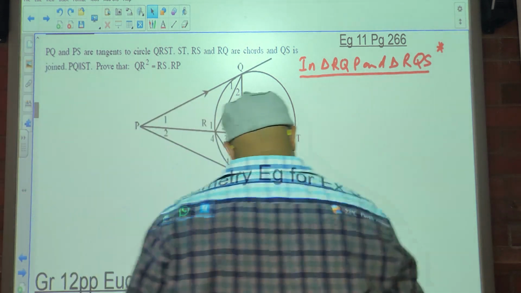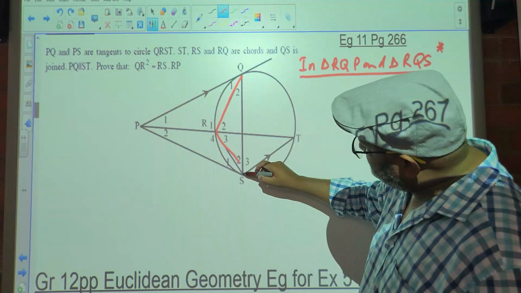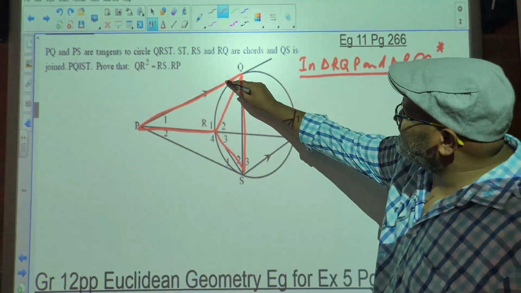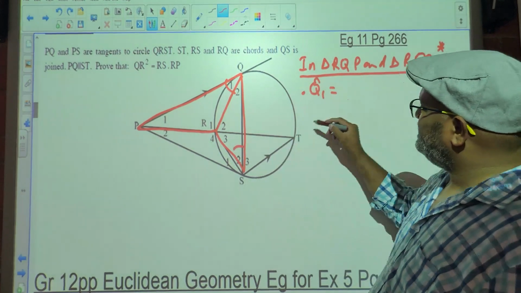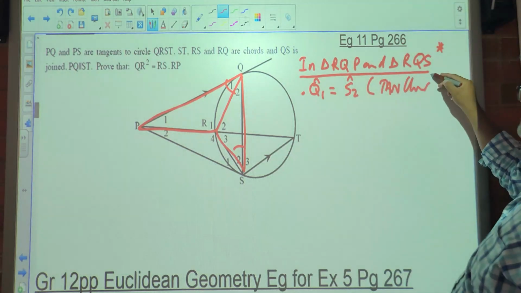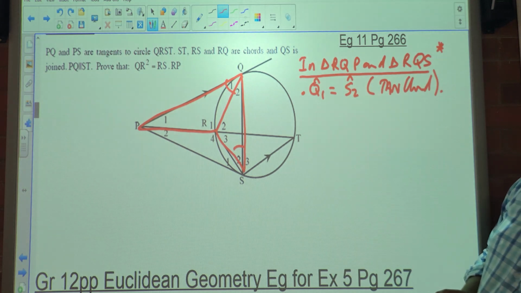Right, so what can we say here? In these two triangles, we can say that Q1 is equal to S2. Why? Tan co-theorem. Okay. Another one.